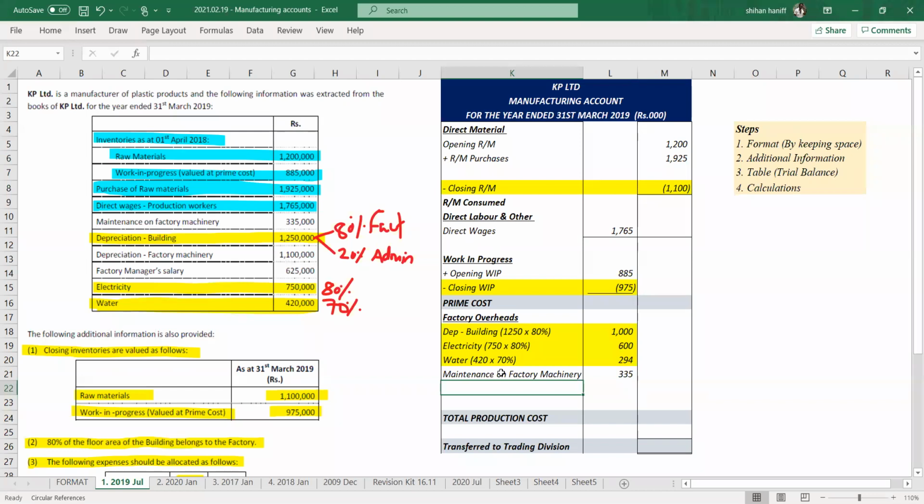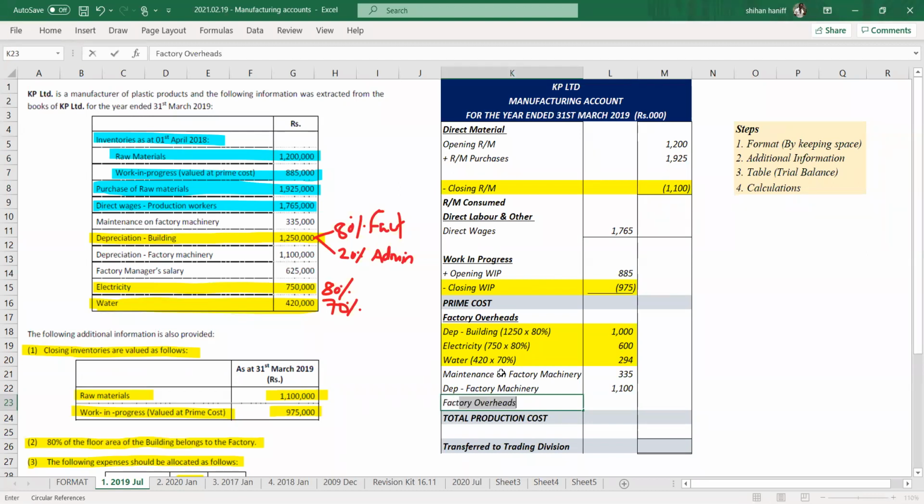Depreciation on factory machine. Machineries are used for the production, so the entire 100% of machinery depreciation comes to the factory overheads: 1100.